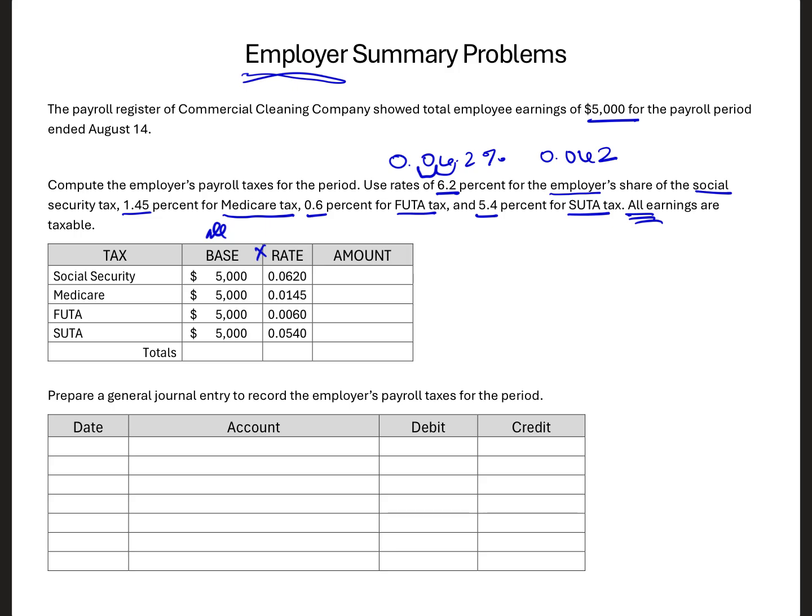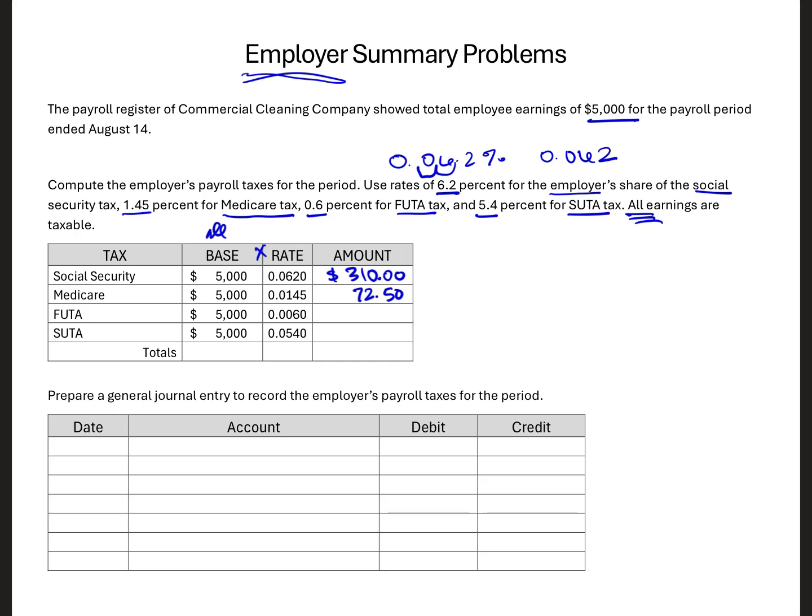So if you put these into your calculator, for Social Security, the employer responsibility would be $310. Medicare, the $5,000 times 0.0145, would be $72.50.